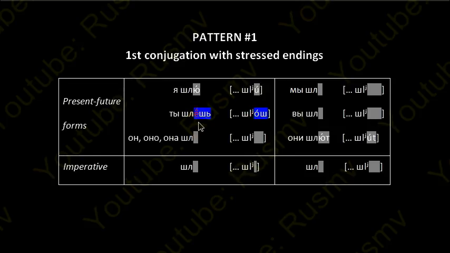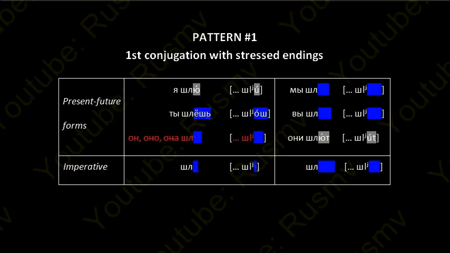Like all endings in this pattern, this ending is stressed. However, the stress mark is not needed here, because letter yo always stands for stressed sound o. The resulting singular you form is ты шлешь, you send. All the other endings in this pattern have only one variant of spelling and will be highlighted blue.